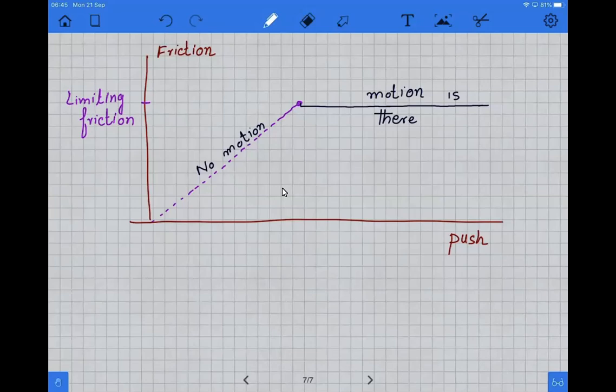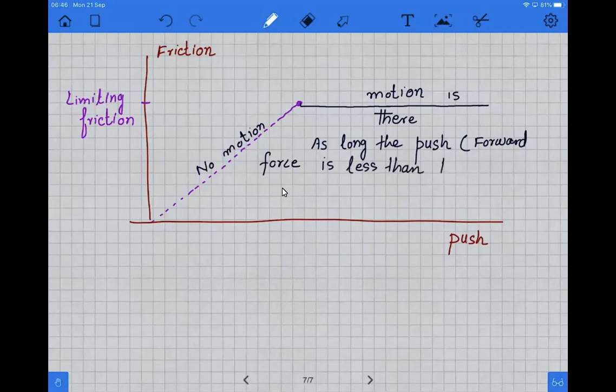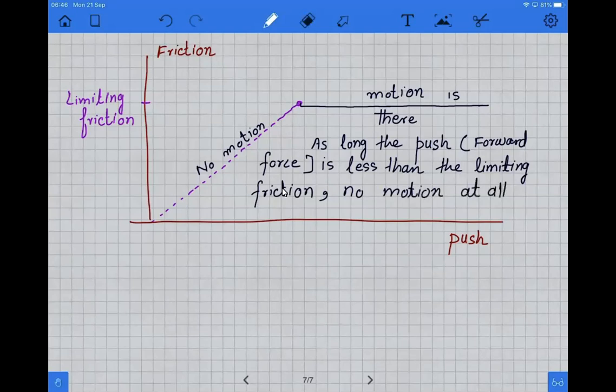So you should know that as long as the push, pull, or the applied forward force is less than the limiting friction, no motion at all.